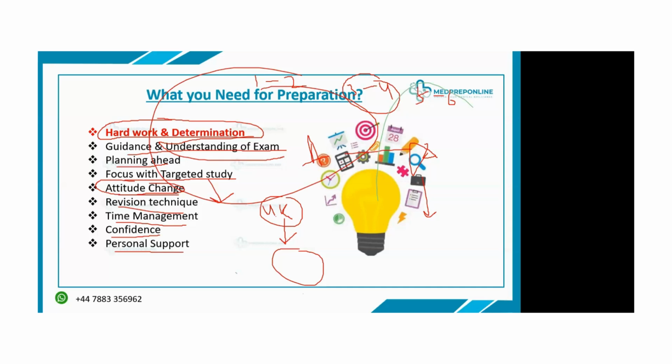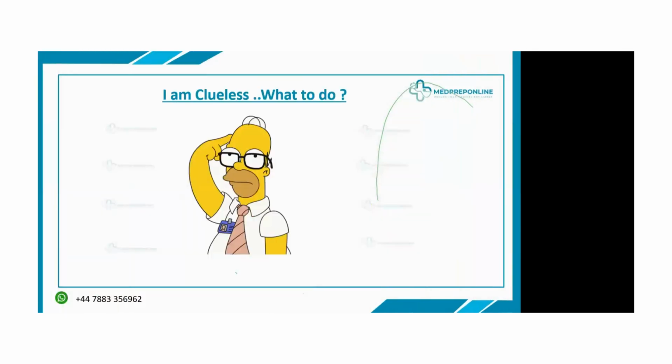So you need someone to be there for your personal support, and specifically before the exam when you get panic attacks. Someone needs to be there who is going to support you at that moment and give you confidence, and that is all you need at that moment.